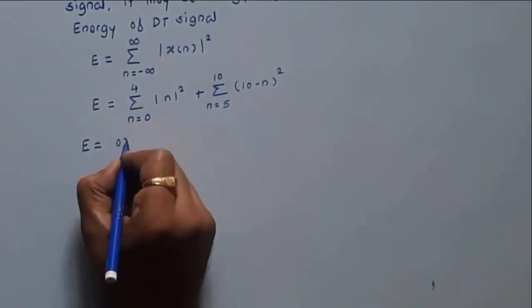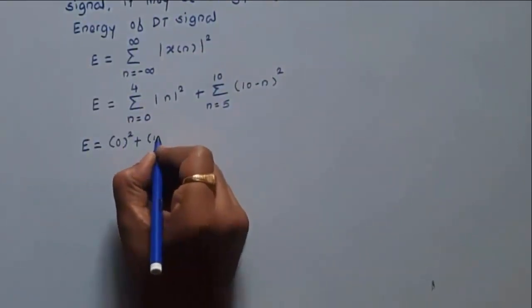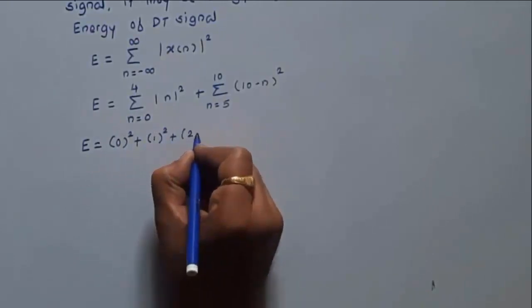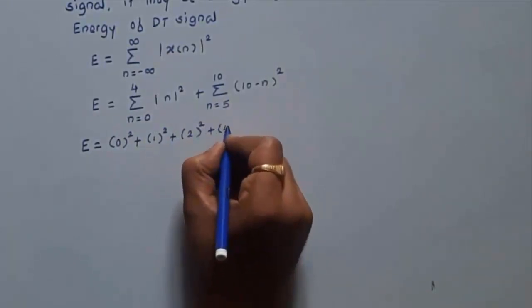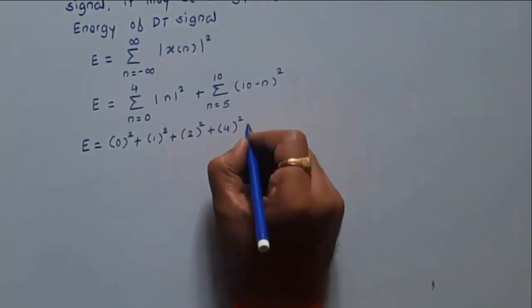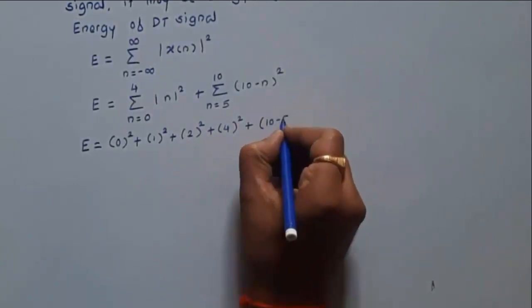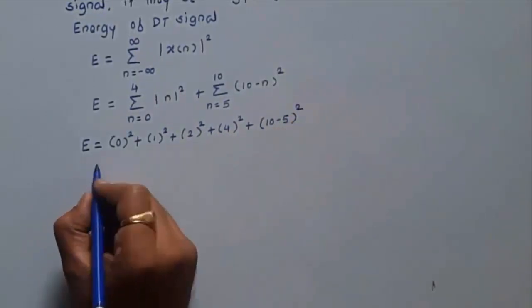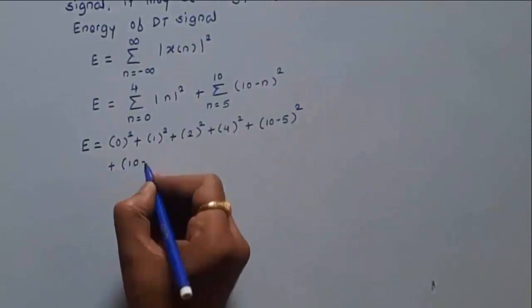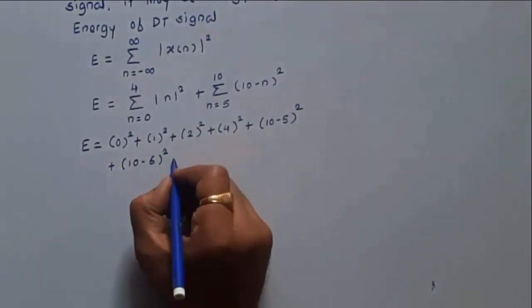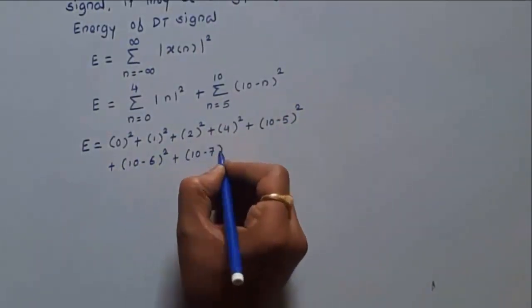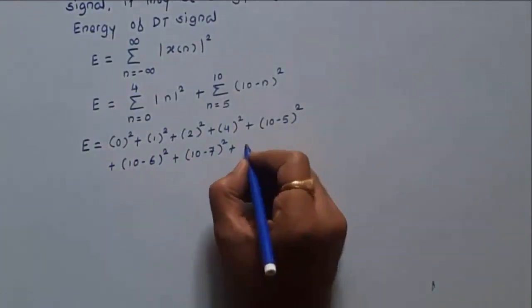If we put the limits of n from 0 to 4, we will get the addition of squares: 0 square, 1 square, 2 square, 3 square up to 4 square. Similarly, (10 minus n) squared, put the value of n from 5 to 10.